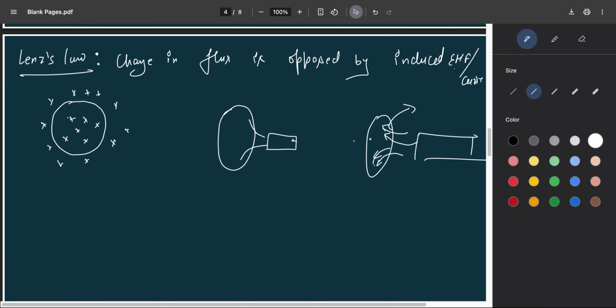I want to oppose this magnetic field, so I need to make a magnetic field like this, right? My current should flow such that I get this kind of magnetic field. If my current flows in this direction, my magnetic field is going to go in this way, and that is going to oppose it.